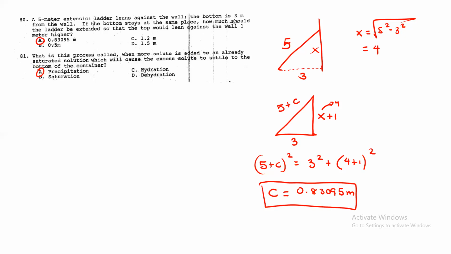Then next, 82. A car starts from rest and has a constant acceleration of 3. Determine the average velocity during the first 10 seconds of motion. So guys, para makuha natin average velocity, so V average is equals to initial plus final velocity divided by 2. So initial velocity niya dahil at rest, 0.